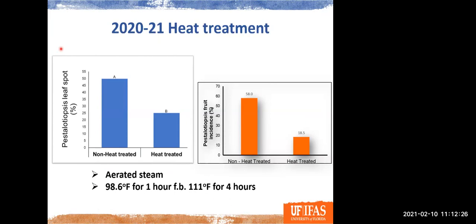What we see in those two graphs for leaf spot and fruit rot is that the heat treatment can significantly reduce the disease, but it does not completely eliminate it. But it might be helpful for nurseries that are getting plant stock from other nurseries that might be suspect.